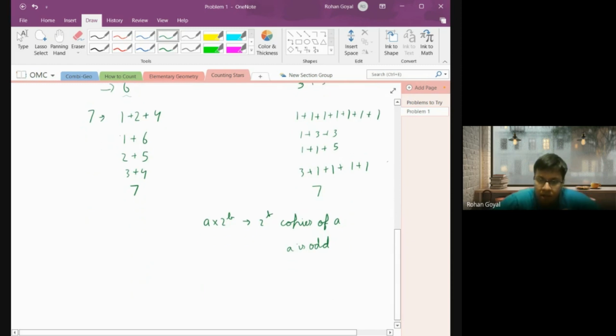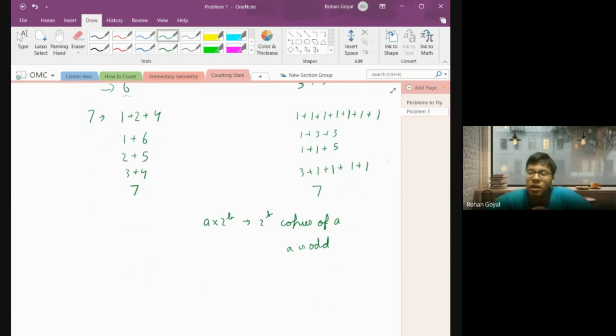So this is, let's say, a map. How do you show this is a bijection?